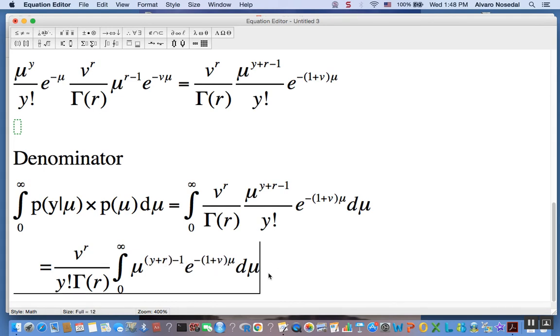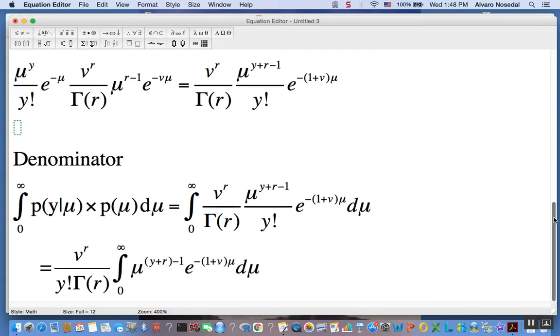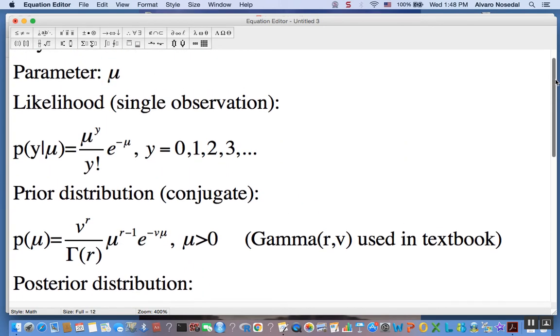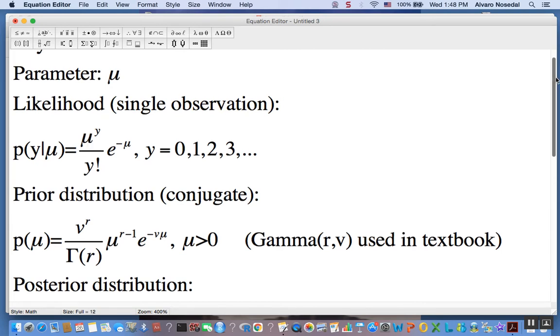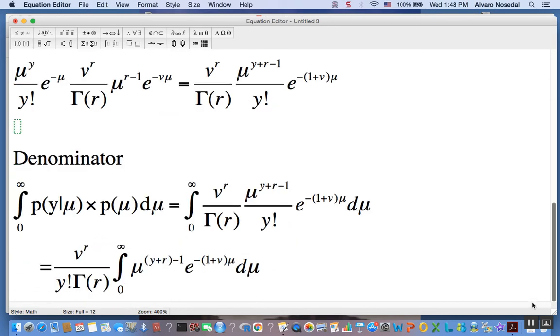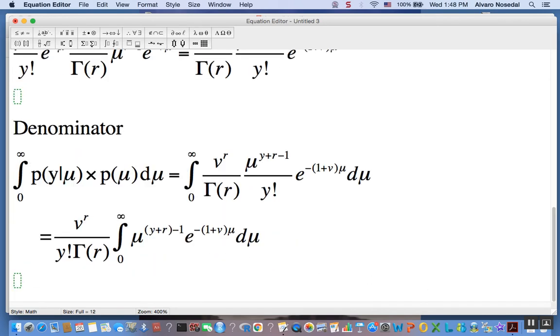Okay? Now when you take a look at this guy here, you go, that looks similar to my prior, and that's the plan, right? That's why this guy is going to be the conjugate prior. So we compare to this and we go, the argument of the function is mu to the power something minus 1, e to the minus another constant times the argument mu, right? So we make a little change of variables, if you will, here.